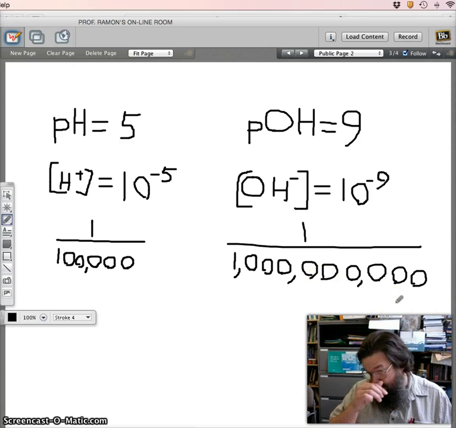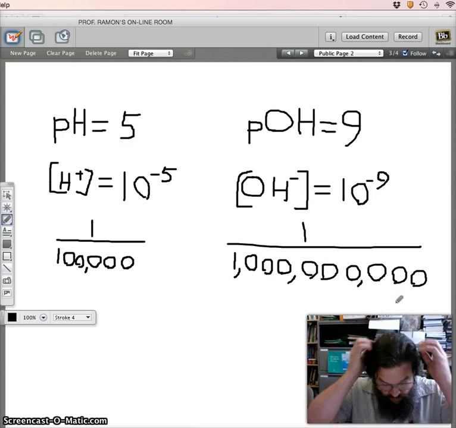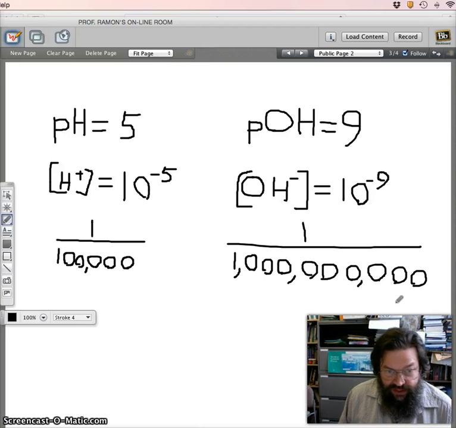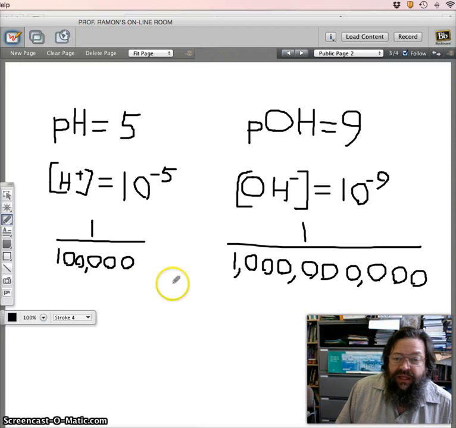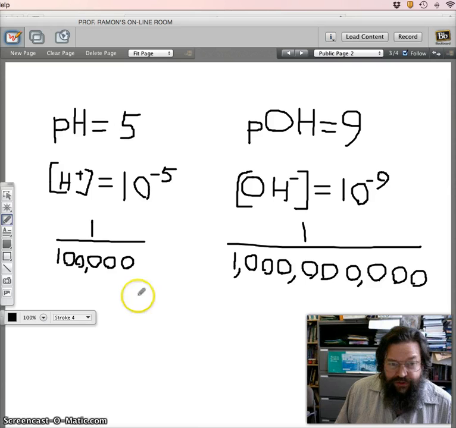Parts per billion is a common way of expressing concentrations. So if you remember your fractions, clearly this is a much higher concentration than this one.